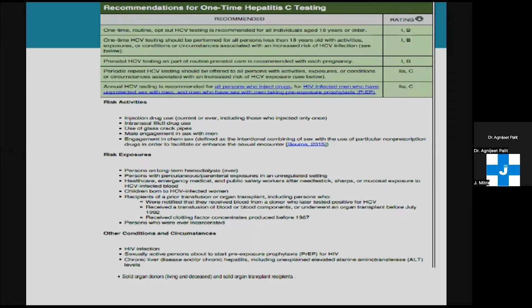These years are important because prior to those years, routine screening for HCV before blood donation or organ transplantation was not there.